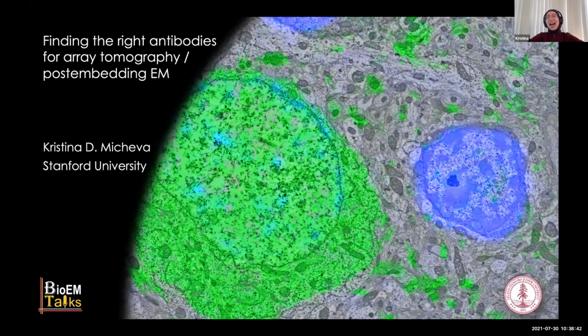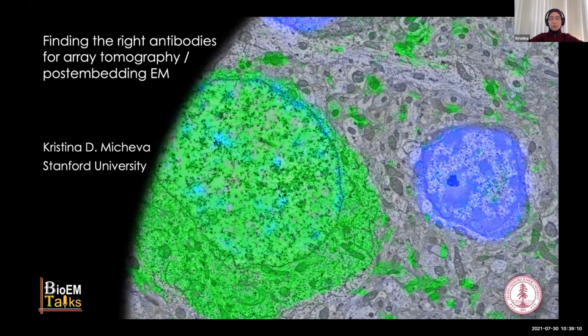So from this broad overview that Bruno gave us, I will now focus on finding the right antibodies. A lot of our work with electron microscopy depends on antibody labeling to be able to localize proteins, find their location, and see the distribution changes with time.